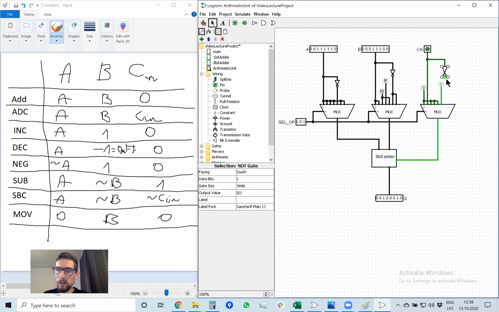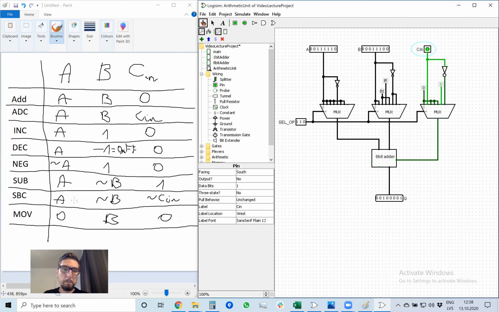So when I select operation number 6, it takes A, B with all bits inverted, and carry bit inverted. So in this case, 62 minus 28 minus 1, let's say I set carry equal to 1. So 62 minus 28 minus 1 should be 33. And it's the output, 33. Subtraction with carry is A minus B minus carry in.